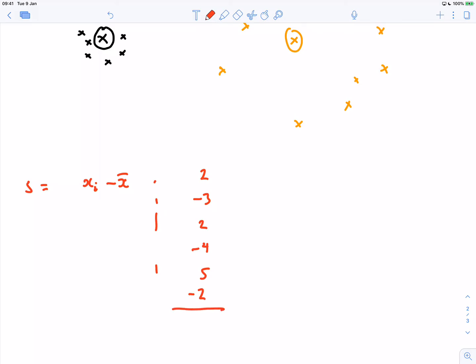Now look, if I took the average of all these things, I've got a 2, 2 and 5, which is 9, and I've got a -2, -4, -3, which is -9. So when I add these all together, that's 0. So even though all these data points are scattered around the mean, the difference is 0. If I left it as it is, the average difference between any point and the mean would be 0, and that's clearly not what's going on.